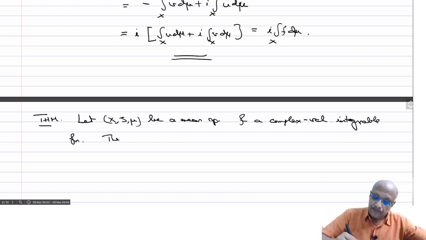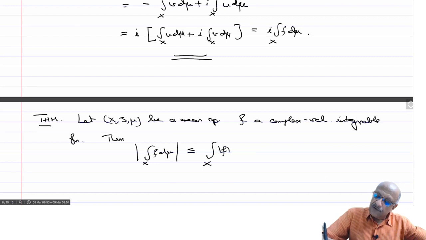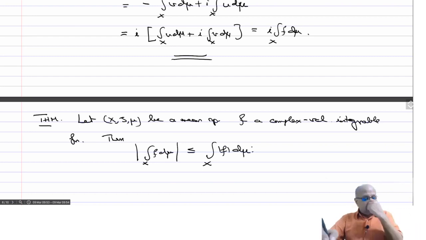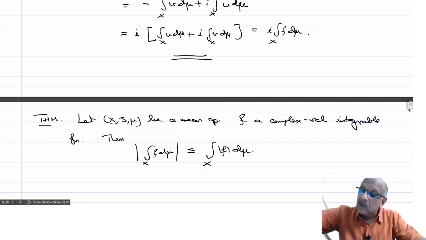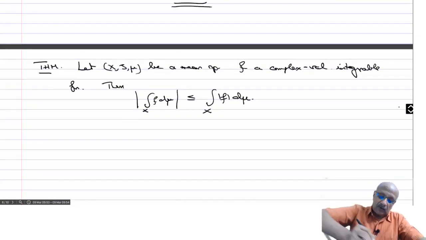Then the modulus of the integral over x of f d mu is less than or equal to the integral over x of mod f d mu. This is a very, very fundamental inequality which always will come up every time you want to estimate an integral. So proof.